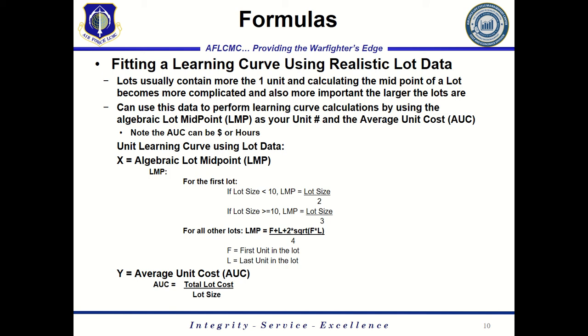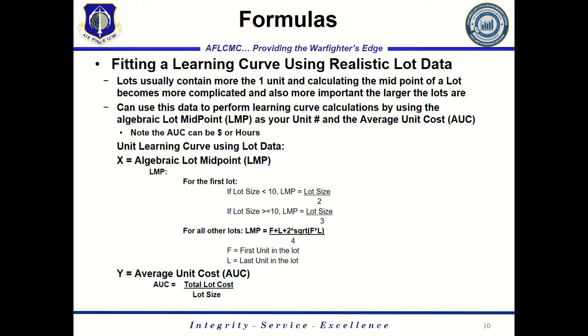So for the first lot of a production, we've got a pretty simple calculation to do the midpoint. We just take the lot size and divide by 2 if the total lot size is less than 10. And if the lot size is equal to or greater than 10, we divide by 3.